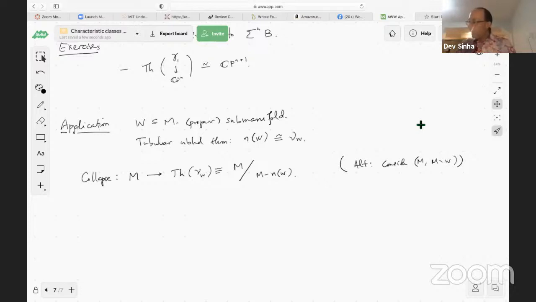Let's think about this Thom isomorphism theorem. By the Thom isomorphism theorem, there's this key class in H, whatever the rank of the normal bundle, which is the codimension of W, of the Thom space.